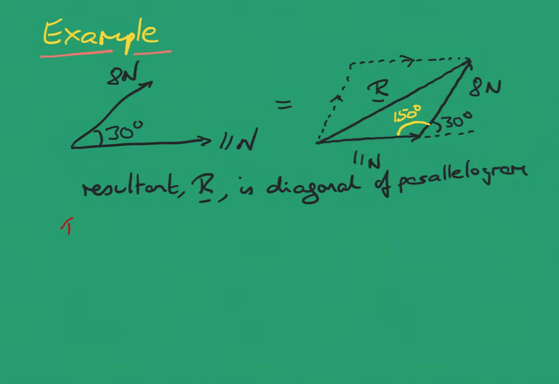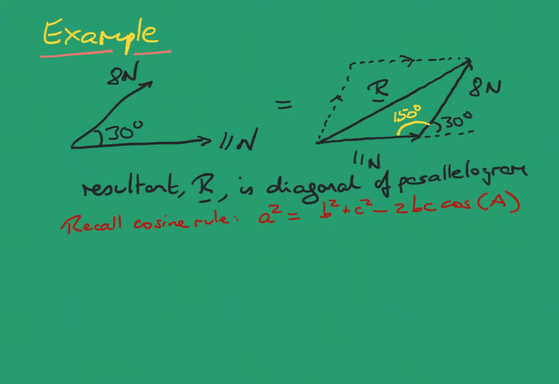So let's just recall the cosine rule. The cosine rule told us, with the notation used on the other side, that a squared is b squared plus c squared minus 2bc times the cosine of the angle A. And here, this length is going to be little a. This, say, is b, and this is c, or it could be the other way around.